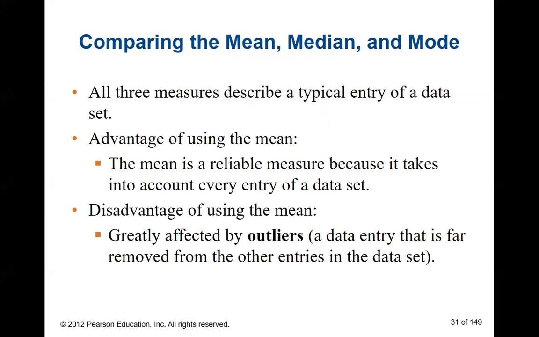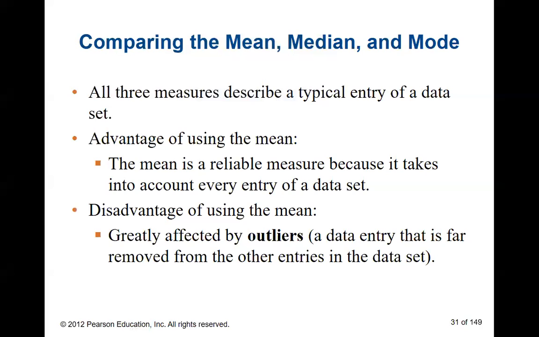If I were getting the average or the mean age of this class, you guys are so similar in age, that's an awful lot of work to calculate when it probably isn't going to be that meaningful compared to another way that I might be able to come up with a measure of central tendency.